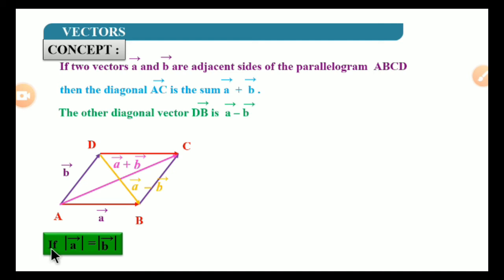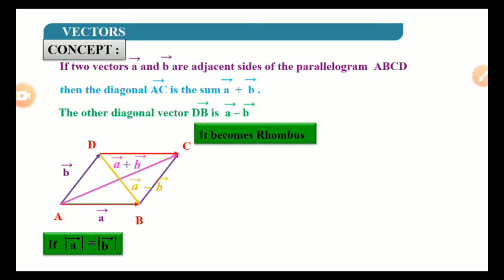If magnitude of vector A is equal to magnitude of vector B, it becomes a rhombus, because both are equal, so this parallelogram becomes a rhombus, because all the sides are equal here, but the magnitudes of the diagonals are not equal.